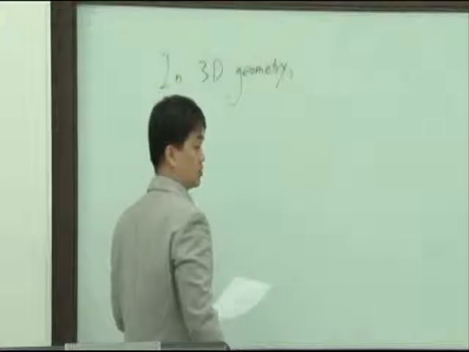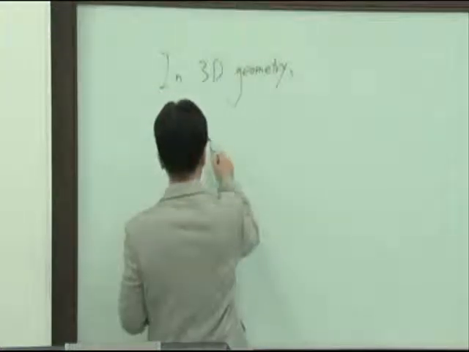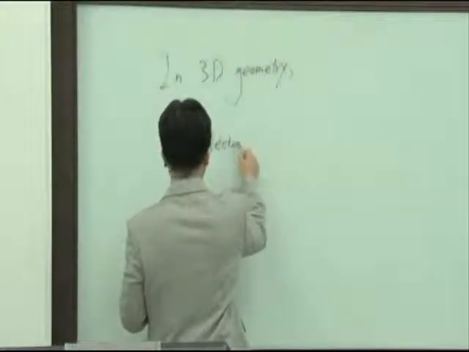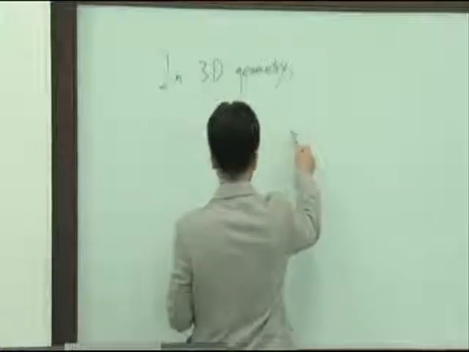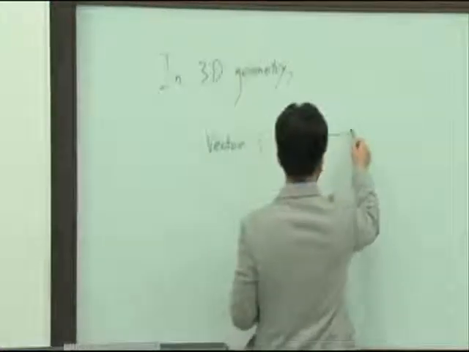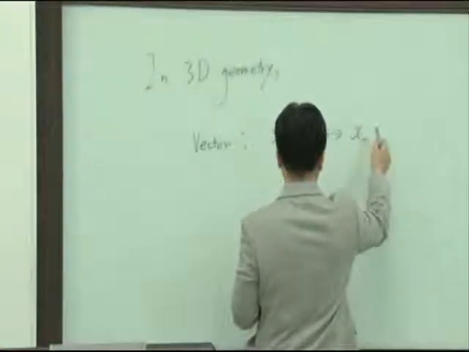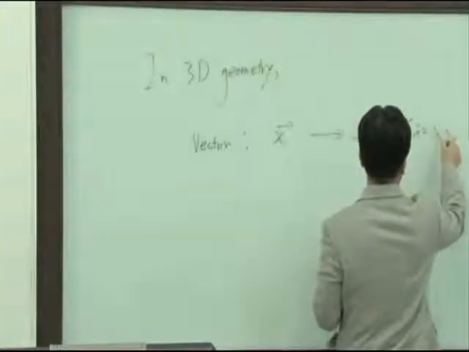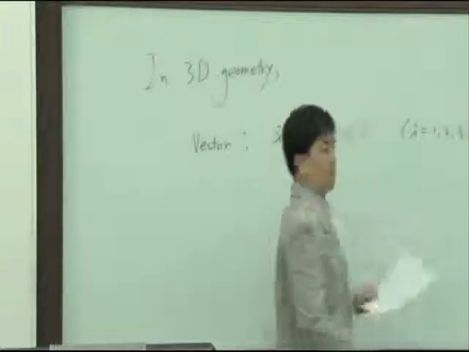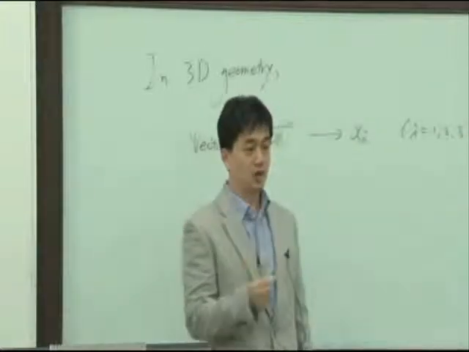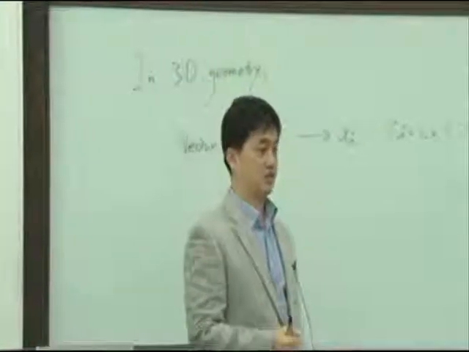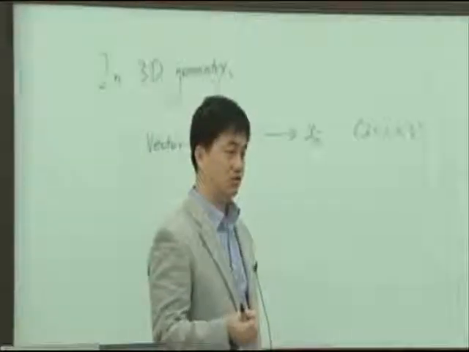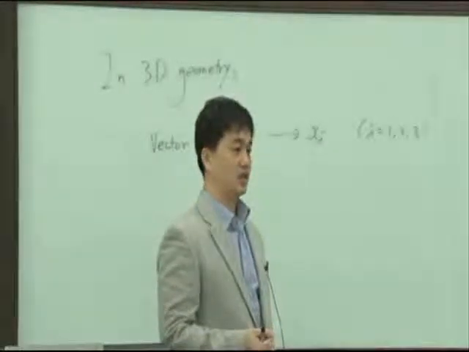In 3D geometry, we express vector x with a tensor form xi, right? i is changing, i equals 1, 2, 3. i equal to 1 means x direction, 2 means y direction, 3 means z direction.